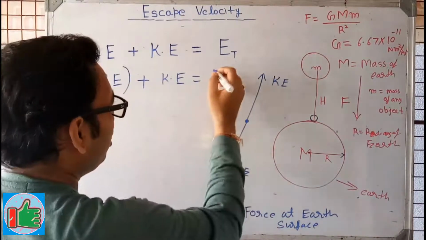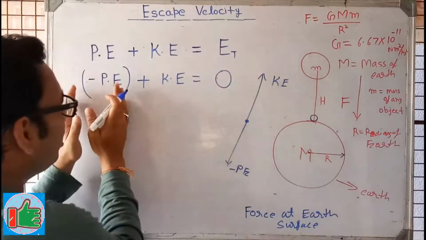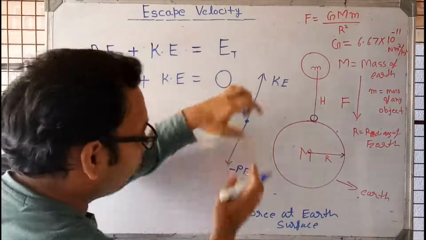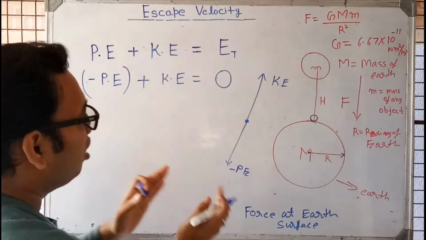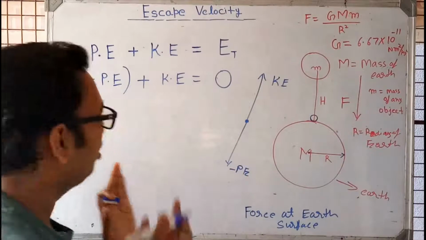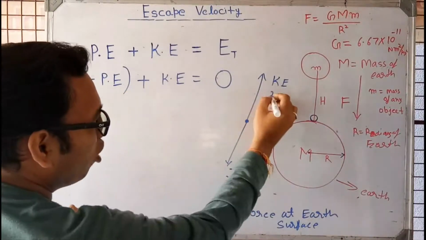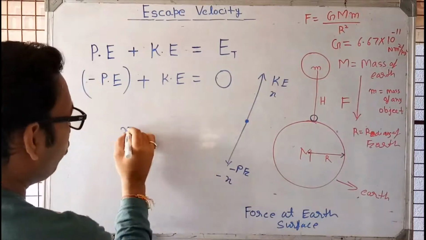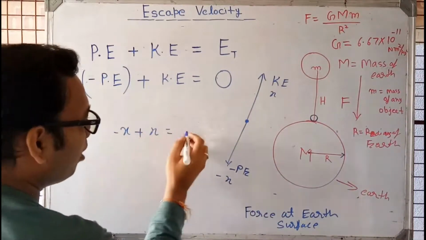See, if PE is x and this is also x, so minus x plus x becomes 0.